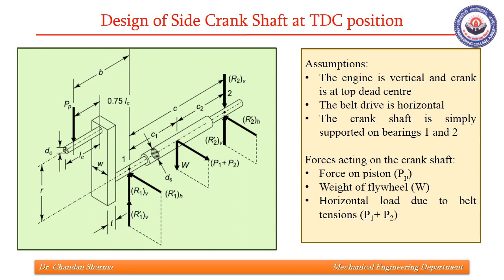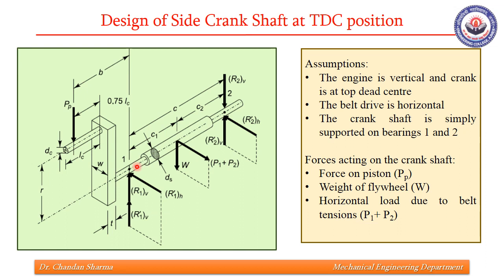You can see in this diagram that there is only one force acting vertically downwards, which is denoted by PP, that is force on piston, and there is this vertical load which is due to the weight of flywheel, and this is the horizontal load which is due to the belt tensions.